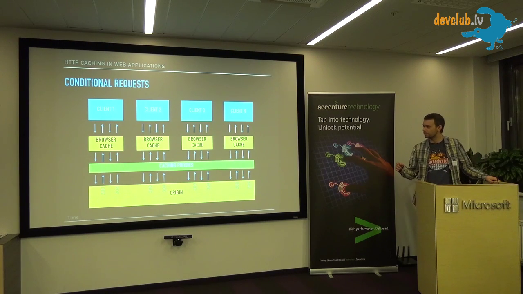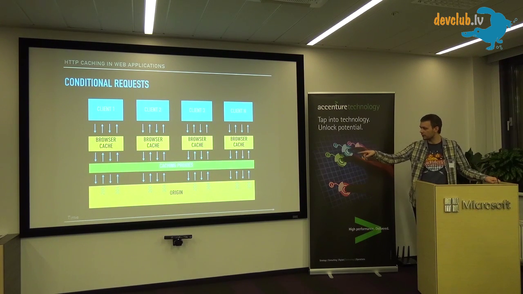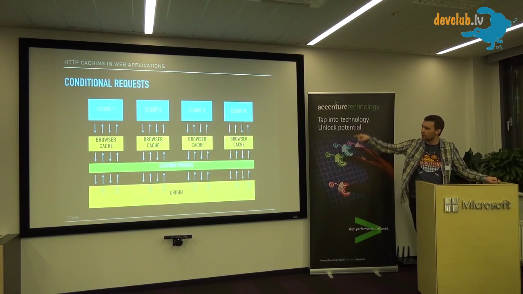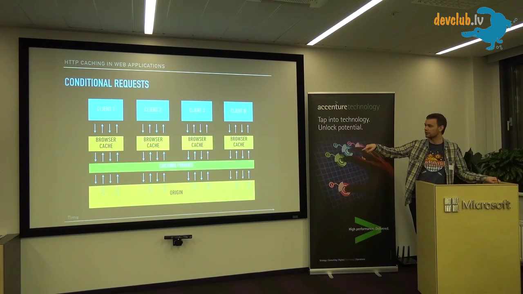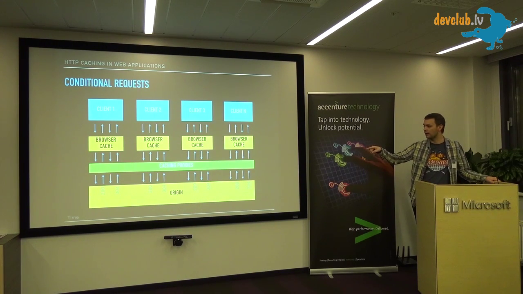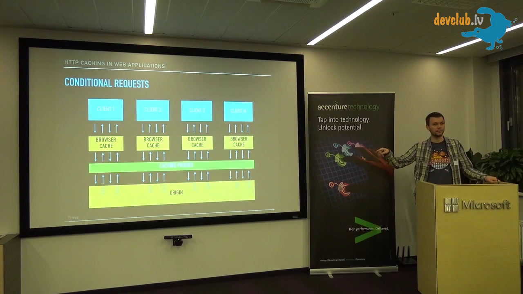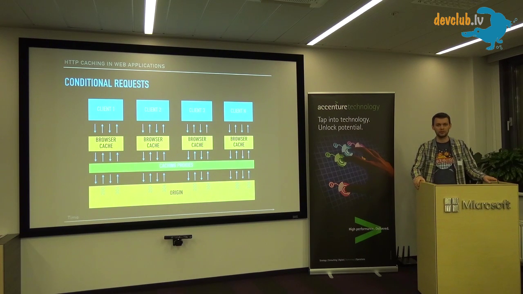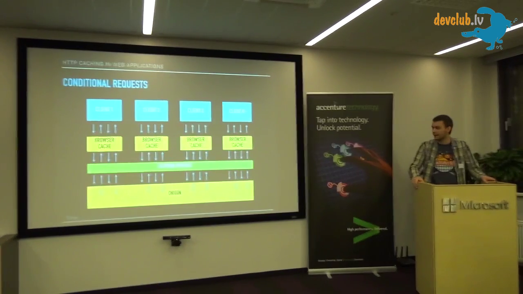But please note that the server is returning different status codes. The first request comes in, it returns 200. The second one comes in and it returns 304. Do you guys know what 304 and 200 are? Can you raise your hands? Okay, I'll explain.